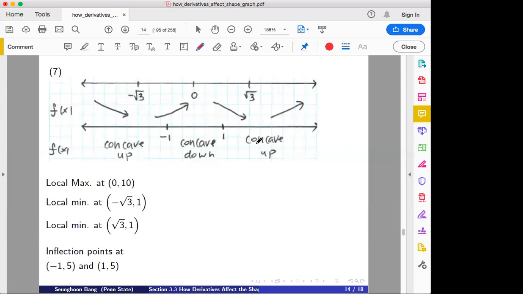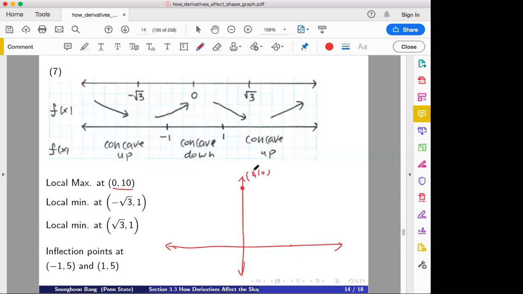Next, we can draw the graph by using all of these. The first thing, you have to plot the points. The first one, 0, 10. You can plot the local maximum, 0, 10, here.